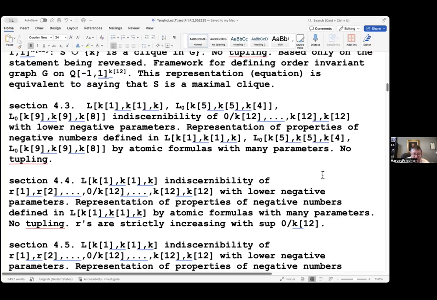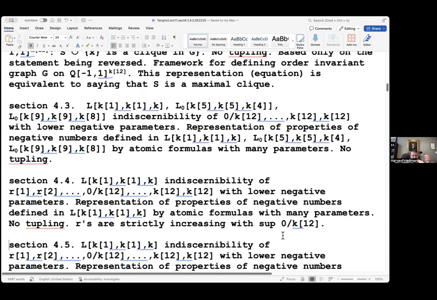So the order type of these indiscernibles is omega plus 12 plus 1, with lower negative parameters and representation of properties of negative numbers. In other words, all this representation stuff that I did up here is lifted here. Atomic representation done also in the negative part. There's no tupling, and the r's are strictly increasing negative numbers with sup zero.